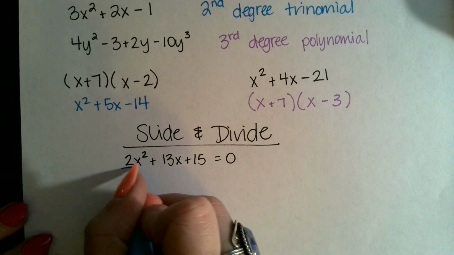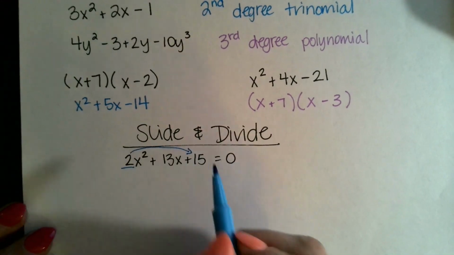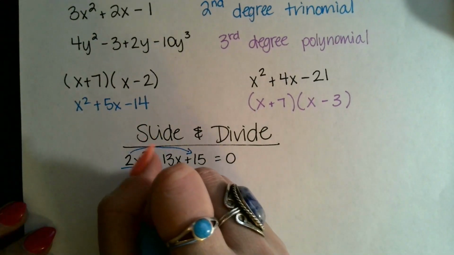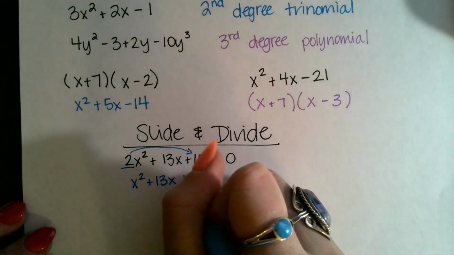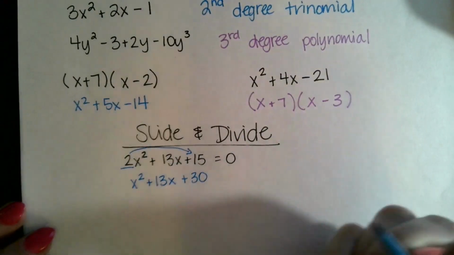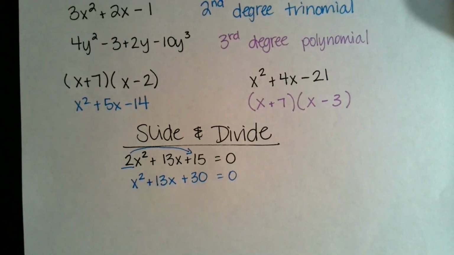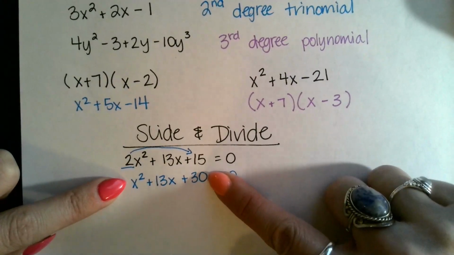You take your A value and you slide it over to your C position and multiply it. So this becomes x squared plus 13x plus 30. And then equals 0. Now we have this, we can factor that.